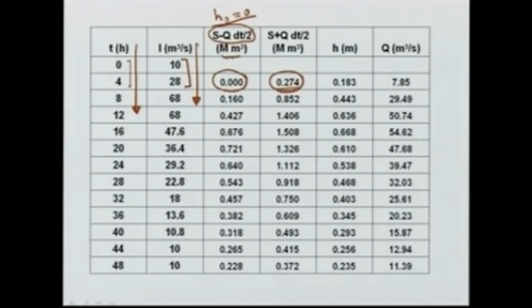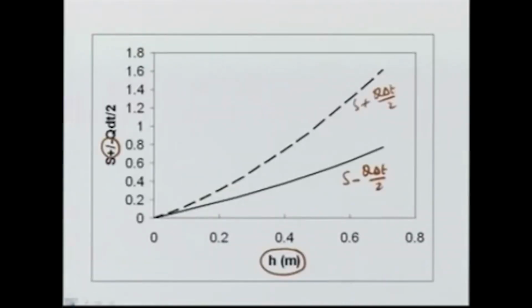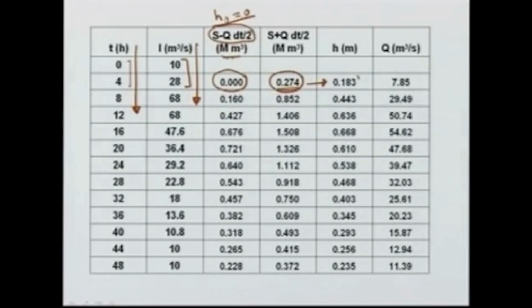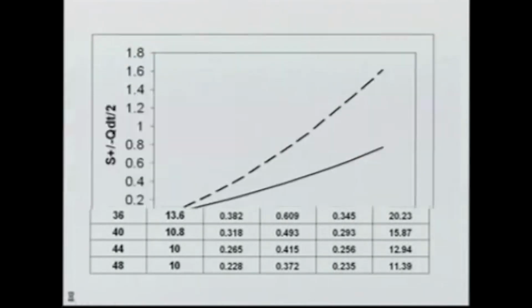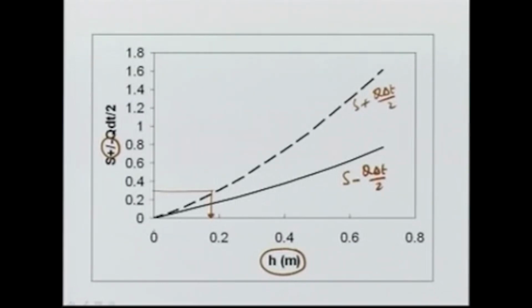Corresponding to this 0.274, we would look up from the graph and see the value. So, 0.274 would be somewhere here, and from the graph we can look up the value of H. It turns out to be around 0.183. So, we start with 0.274, get 0.183.